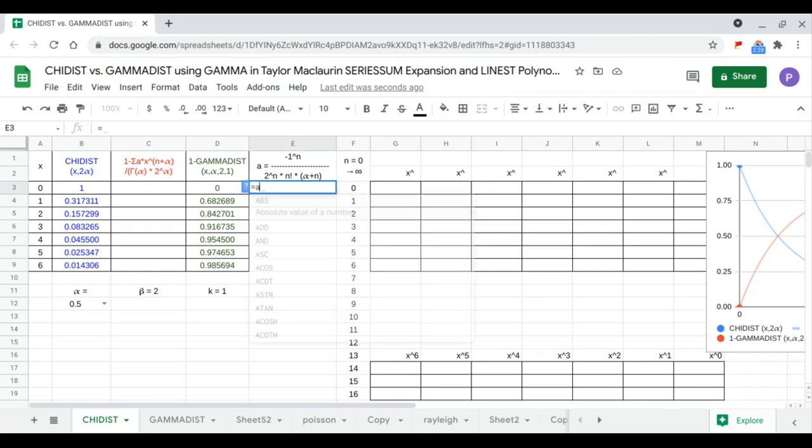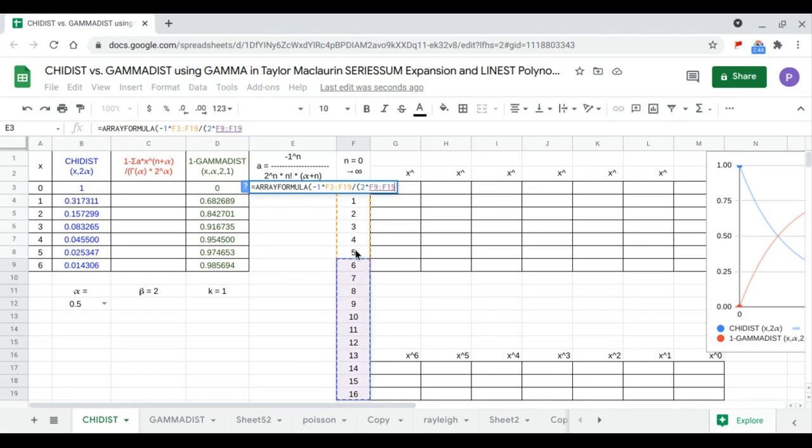And our coefficient is array formula -1 raised to the power n divided by. There are 3 parts of the denominator. The first part is 2 raised to the power n. Now the second part, factorial n.